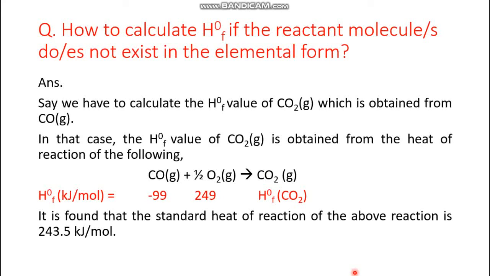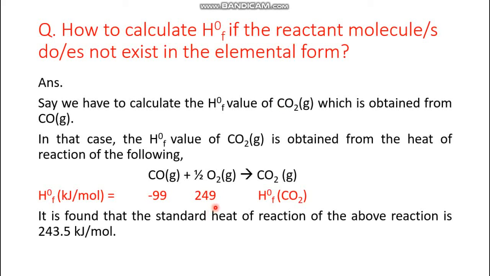We have to calculate the standard heat of formation of carbon dioxide, which is obtained from carbon monoxide. Carbon dioxide is not directly obtained from carbon and oxygen. It is actually a two-step reaction, and finally we get it from carbon monoxide by reacting with one atom of oxygen, that means half mole of O2.